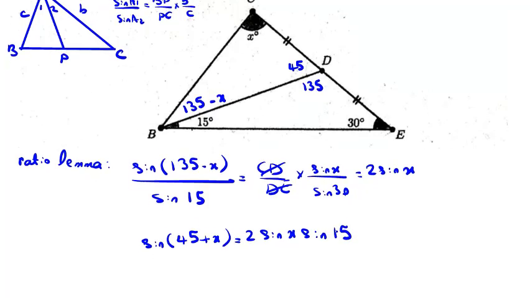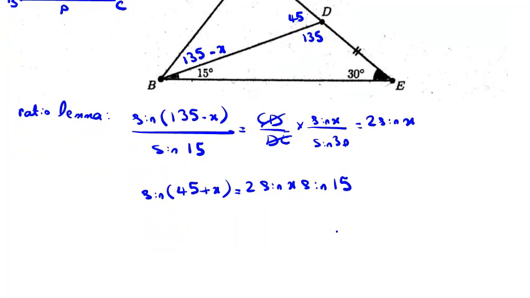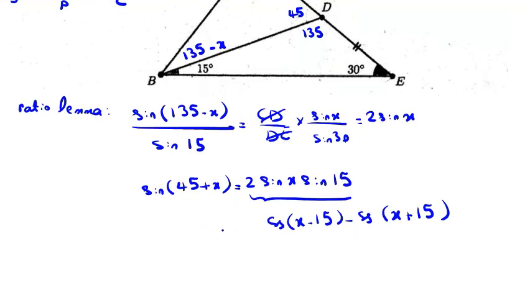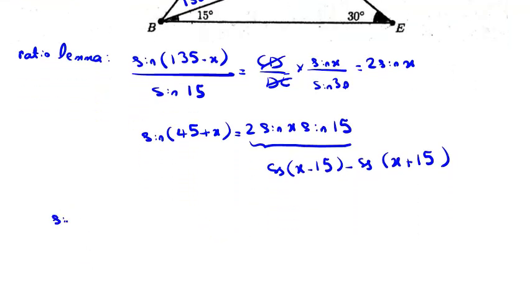15. Now we can change the product of sines to addition. You can say it's cos of their difference, x minus 15, minus cos of their sum, x plus 15. Now here we take negative cos x plus 15 to the left hand side, so we have what?